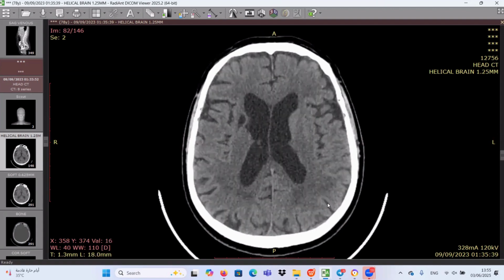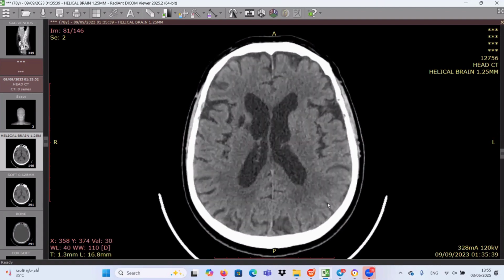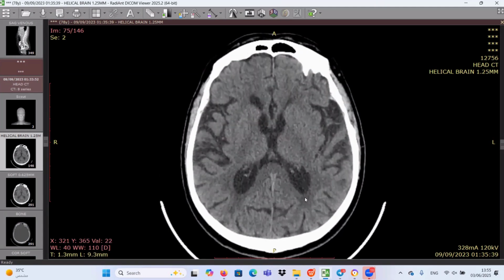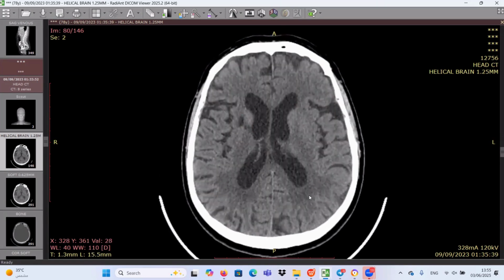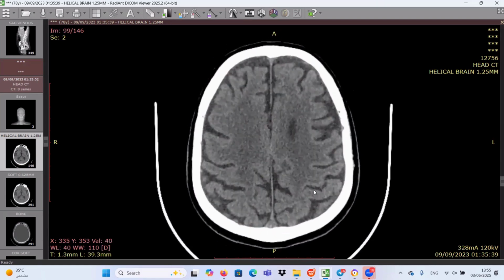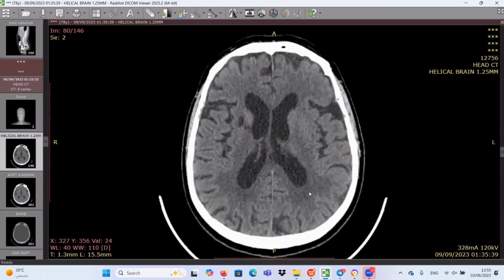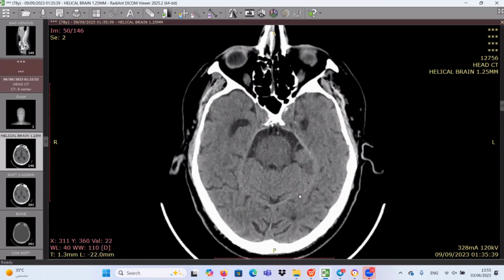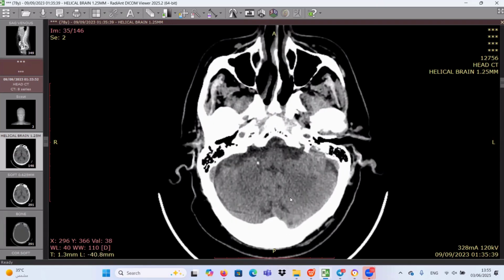I don't see any other. So we have something like small old infarcts, and the corona radiata, and I think extending to the right basal ganglia. We have also brain involution changes a little bit. Do you have any more abnormalities?